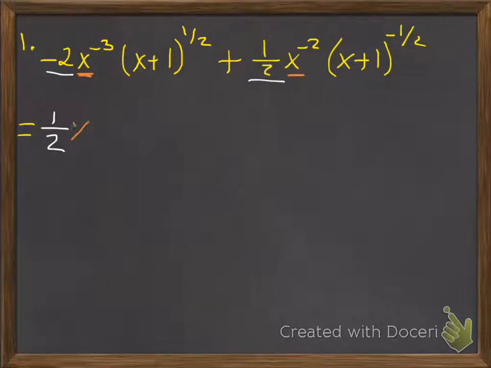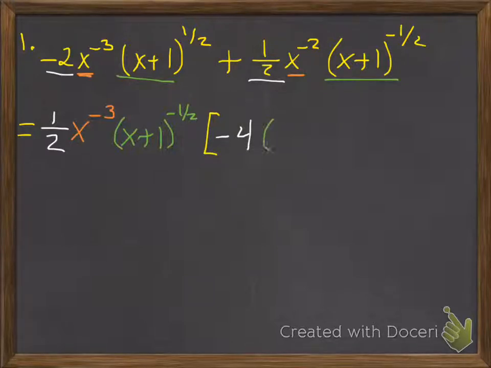Lowest exponent is x to the minus 3. Lowest exponent of x plus 1 is the minus 1/2 power, so that's what we're going to go ahead and factor out. Okay. Now, if I factor 1/2 out of negative 2, I need to compensate, so that I'm dividing by 2, so to compensate I need to multiply by 2, so that'll become a negative 4.